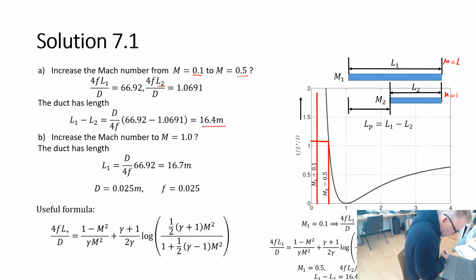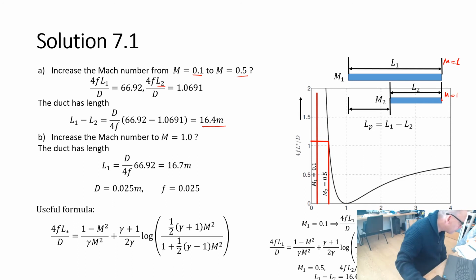Not a particularly long pipe, but certainly just a bit shorter than our wave tank downstairs. If we want the flow to go from Mach number 0.1 to 1, or get to the critical flow state, that is by definition the critical length.